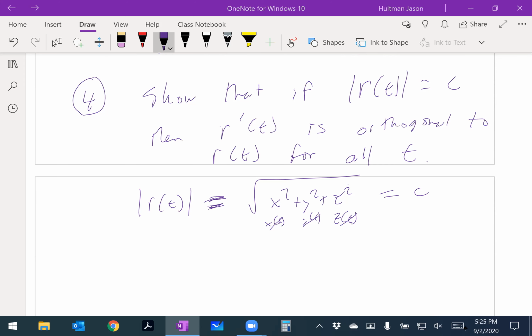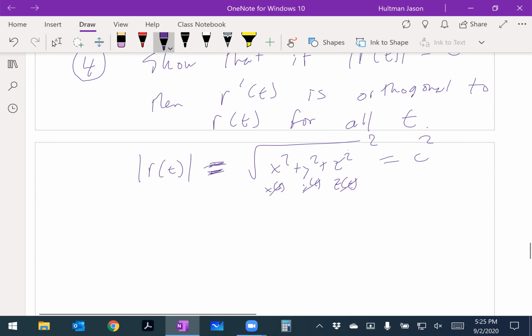And so what I'm going to do is square both sides. I'm going to say that x squared plus y squared plus z squared is equal to c squared. And I'm going to do something a little tricky.